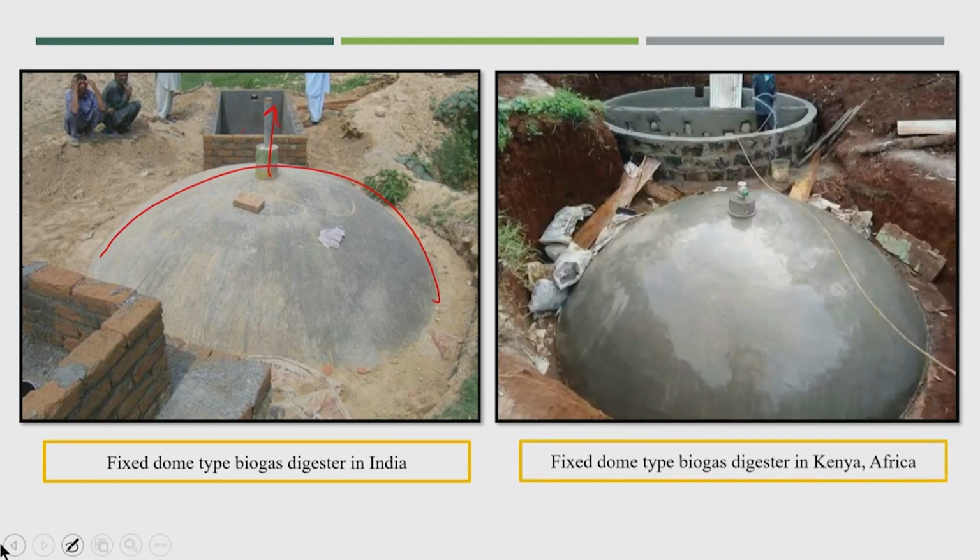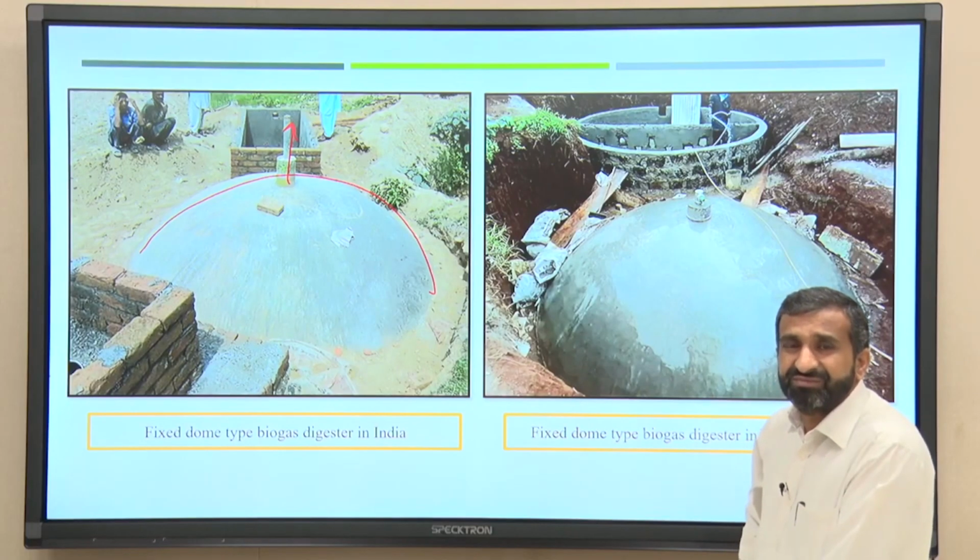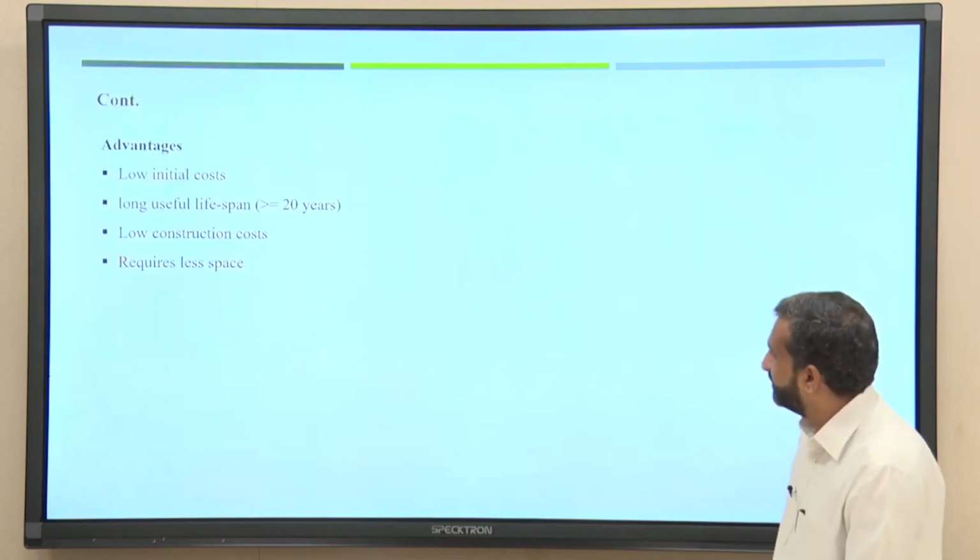Now, this is another one in Kenya. So, many developing countries adopted this model and installed it in various locations, but mostly this kind of digester has been installed in the rural areas, and the substrate was majorly animal manure or animal waste, along with some agriculture residues.